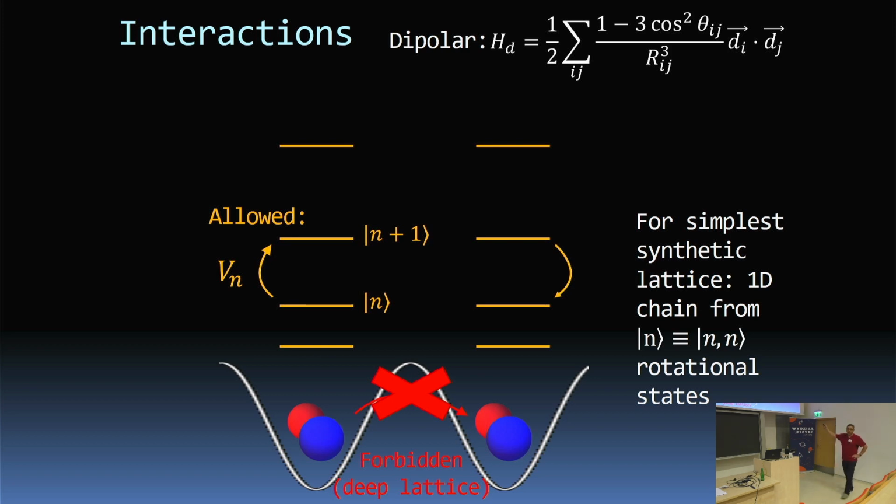And so how do they interact? I have some set of states here. I'm just labeling them by this index n, and n+1, n+2, n+3. How do they interact? Well, I have a dipole-dipole coupling. I have a d dot d. Each of these d's can raise or lower my angular momentum by 1 unit. And so in principle, I could have all the interactions where one of these goes up or down, and the other molecule also goes up or down in this sort of synthetic dimension.